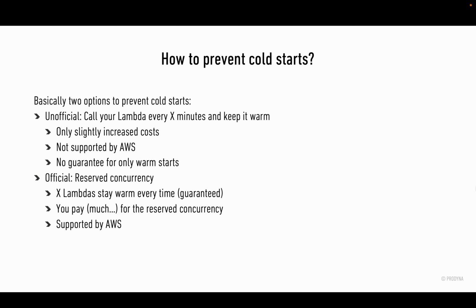And because of this, there's an official way, reserved concurrency, where you can say, okay, I want to have X Lambdas stay warm every time. And then you get guaranteed X Lambdas warm every time. This is supported by AWS, but you need to pay for this. And it's not just a little bit, you need to pay for this. So these are the two ways how you can prevent cold starts.